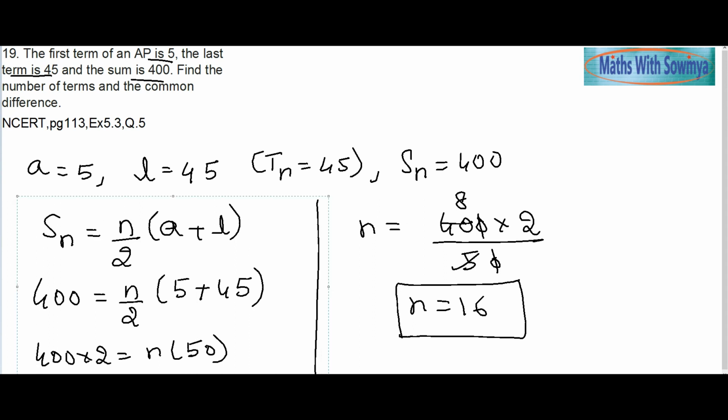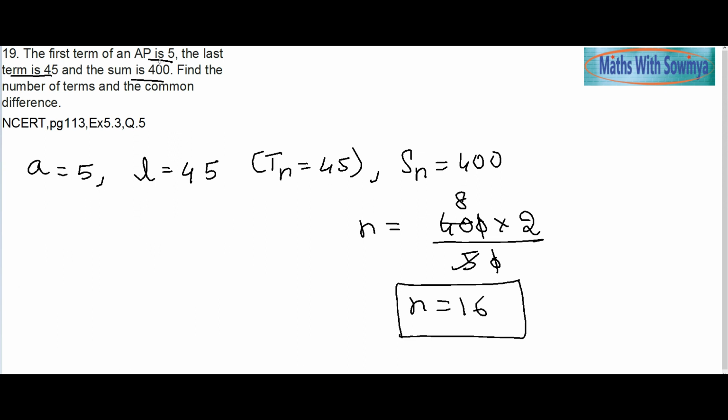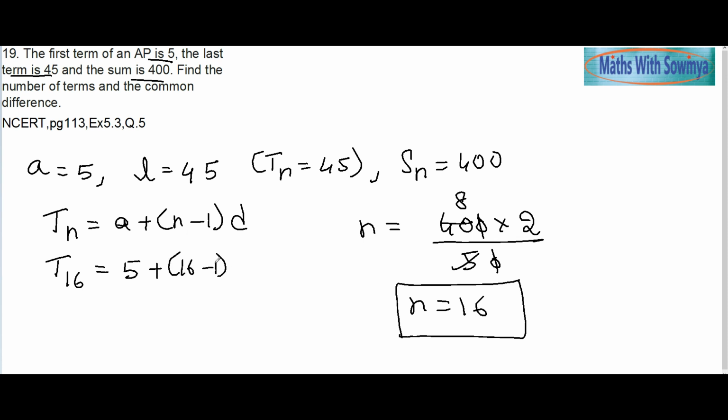We have to find the common difference using this. Tn is equal to A plus n minus 1 into D. n is 16 we have already. So T16 is equal to 5 plus 16 minus 1 into D, because I don't know D. The last term is nothing but Tn or An.